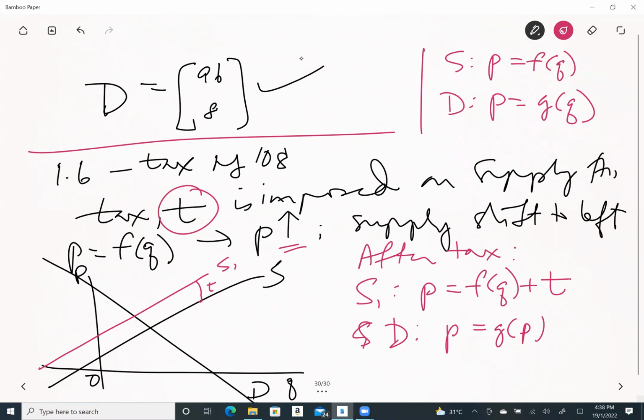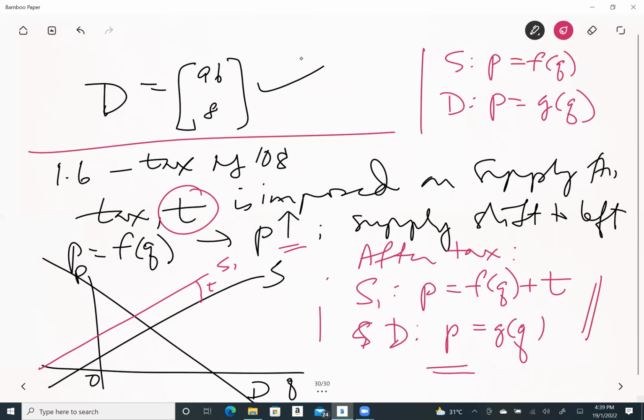Now, when you do this, make sure the function is in that form: price as a function of Q. Sorry, P as a function of Q. If you are given Q as a function of P, then make the adjustment.